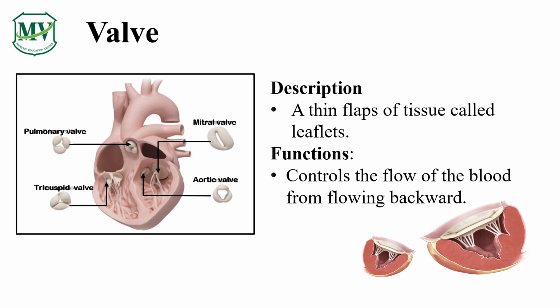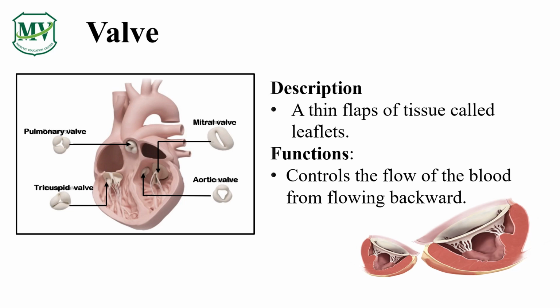The valves are thin flaps of tissue like a leaf. There are four main valves in the heart. They are the pulmonary valve, the mitral valve, the tricuspid valve, and the aortic valve. When these valves open, the blood in each chamber will flow according to its specific direction.